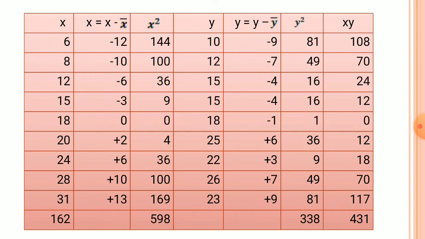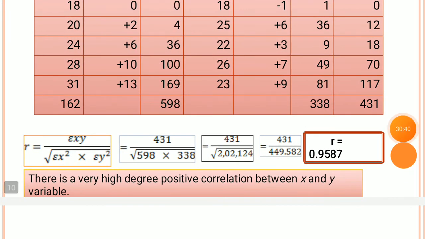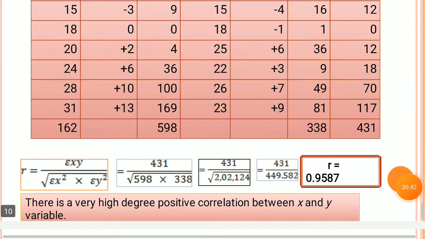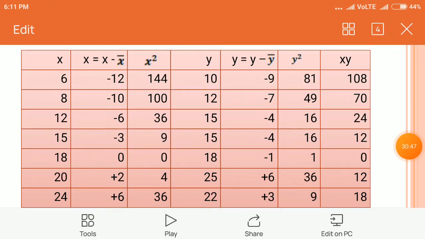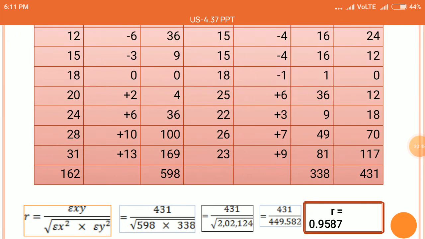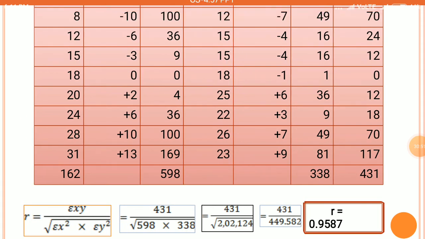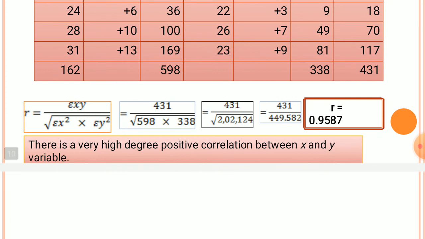This is the way in which we have to prepare a table before applying the formula, then find sigma xy. Sigma xy equals 431, sigma x square 338, sigma y square 598. Now substitute the values into the formula.